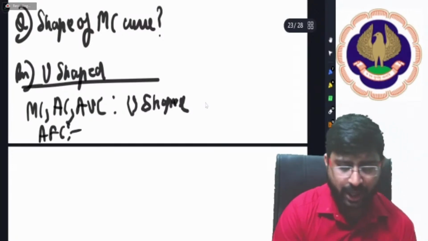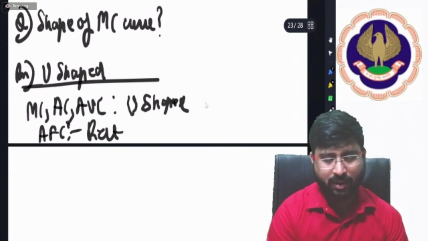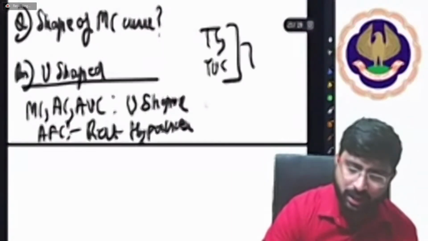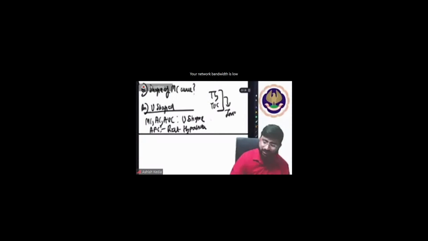AFC is rectangular hyperbola. Then you have TC and TVC, both of which are inverse S shape.